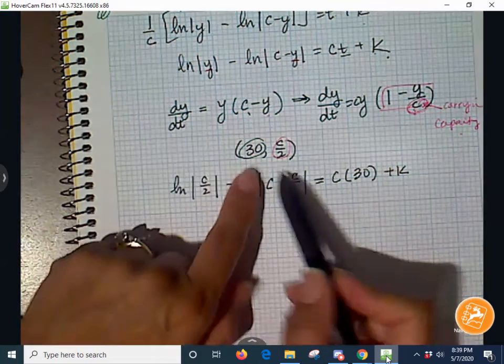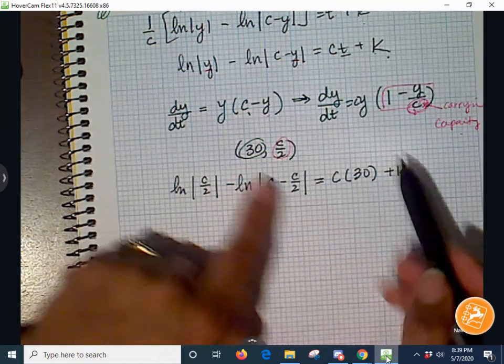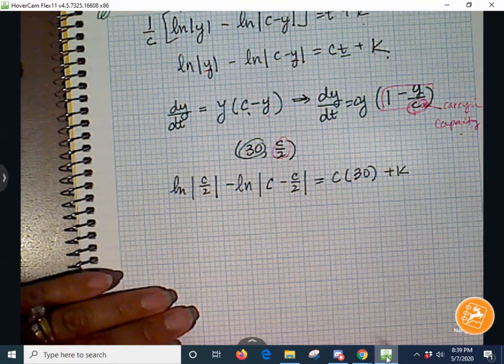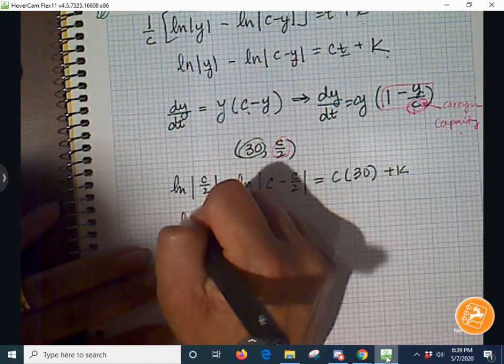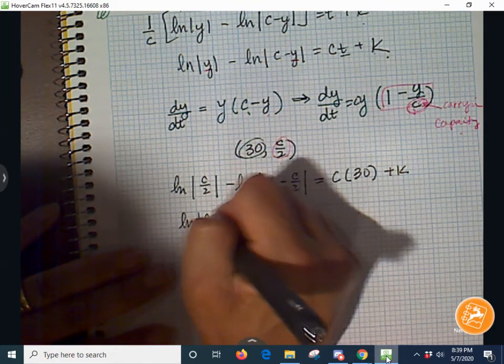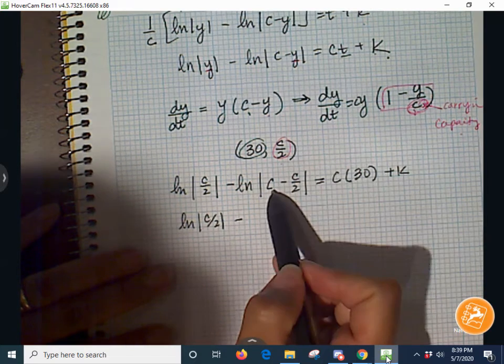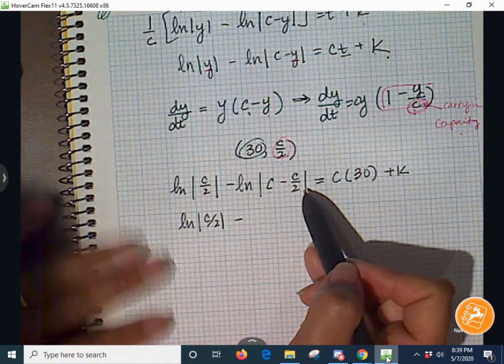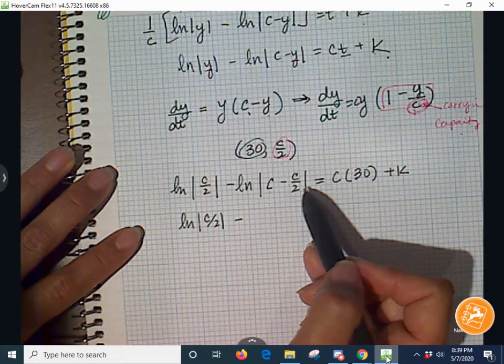Okay, so that's me substituting our known point into there. And it looks like we still have a lot of variables, but that's okay. We'll be fine. All right, so now natural log of c over 2 minus, now c minus c over 2 is c over 2, right?